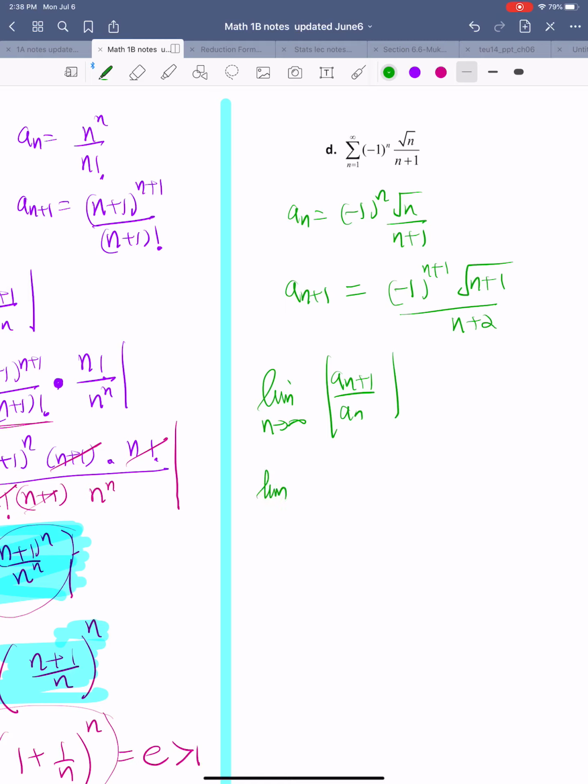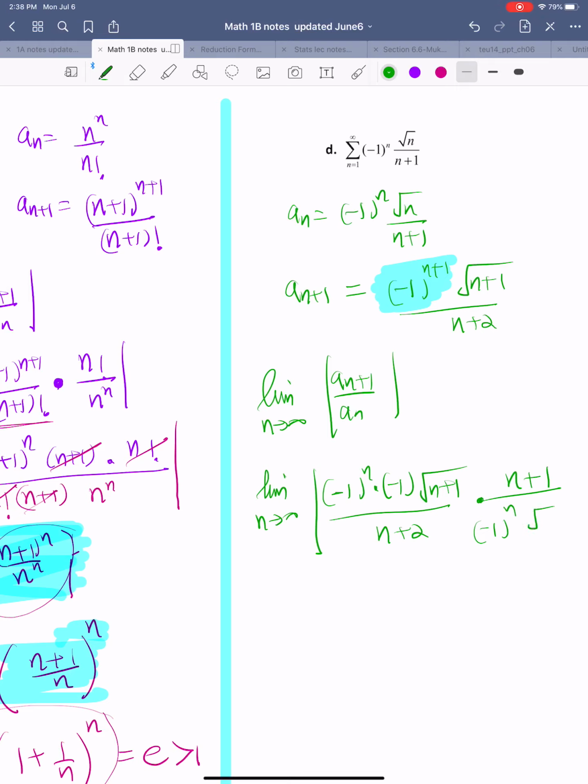So we'd have the limit as n goes to infinity. We can split negative 1 to the power n plus 1 into negative 1 to the power n times negative 1, square root of n plus 1 over n plus 2, times the reciprocal of negative 1 to the power n, square root of n. Now let's see what we can get rid of between top and bottom.